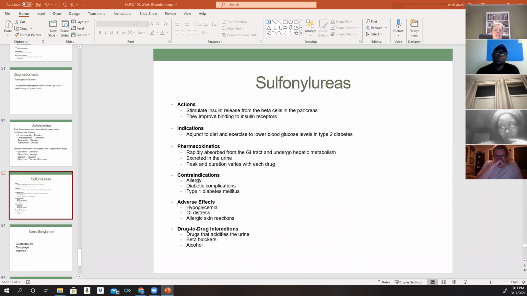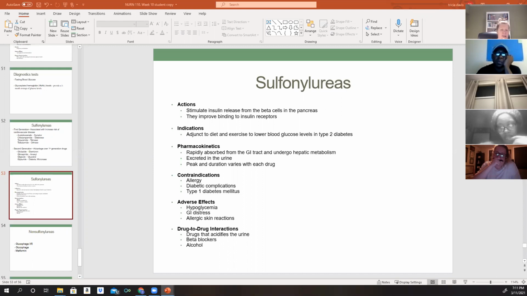They stimulate insulin release from those beta cells in the pancreas, and they improve binding to those insulin receptors. We use these in combination with diet and exercise to lower blood glucose levels in type 2 diabetes. They are rapidly absorbed from the GI tract, and they undergo hepatic metabolism. They're excreted in the urine, and their peak and duration is going to vary with each drug.